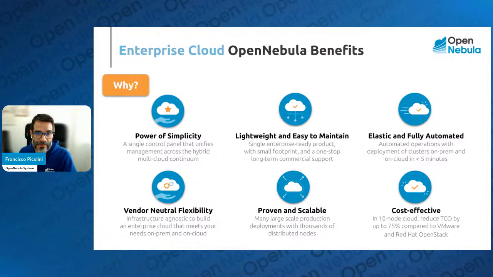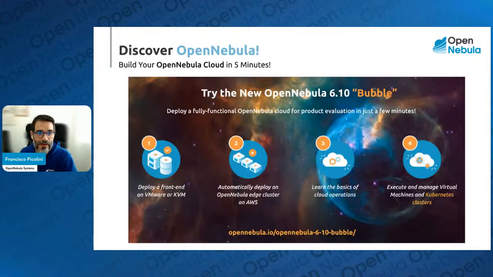So take a look at the benefits that we have, like I said before: simplicity, flexibility, highly customizable, easy to scale. So it's a series of advantages that you shouldn't miss if you are running a cloud infrastructure. Right now, the latest OpenNebula version is 6.10.